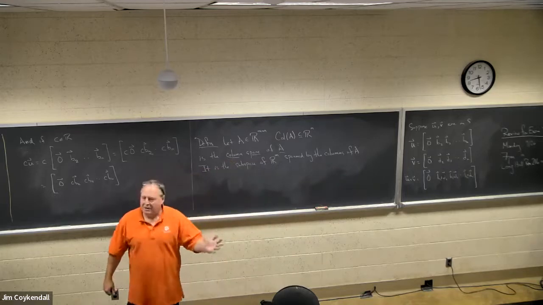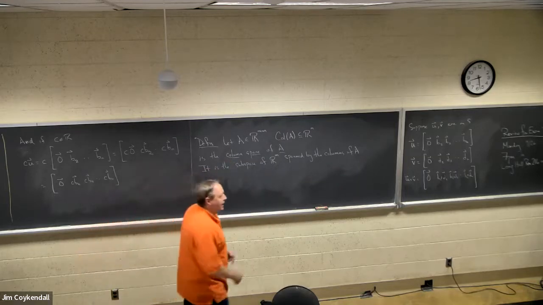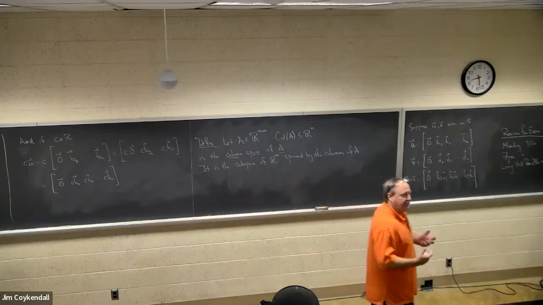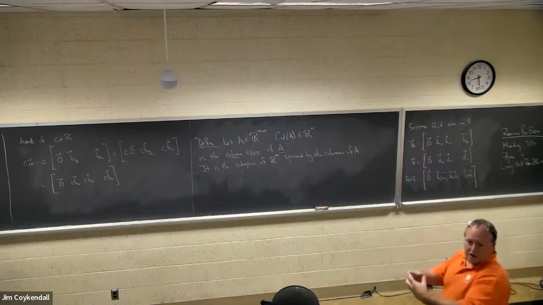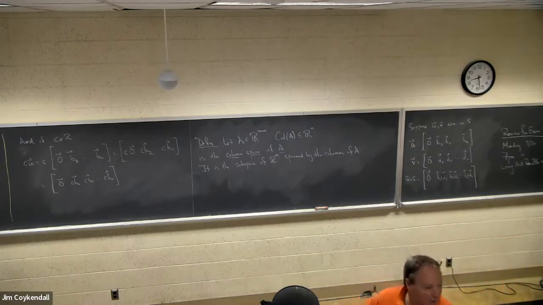So just remember that first example we did, we could take any collection of vectors and see what they span, and that always makes a subspace. Well, here, we're just taking a special set of vectors, right? We take a matrix somebody gave me, and I'm going to just take the columns out, and I'm going to see what they span.